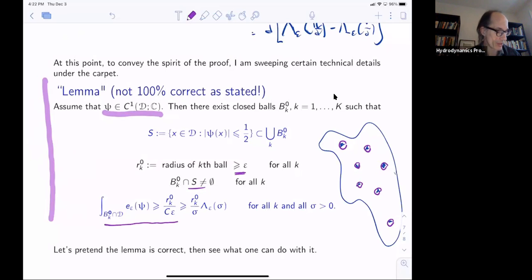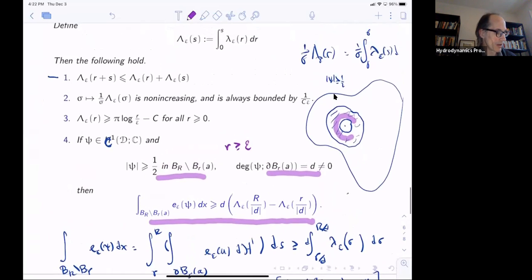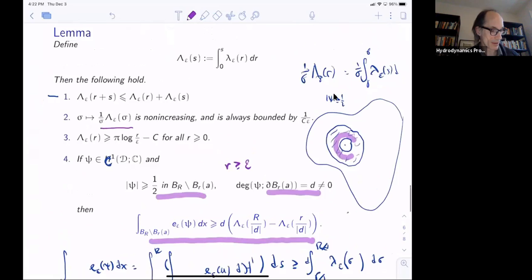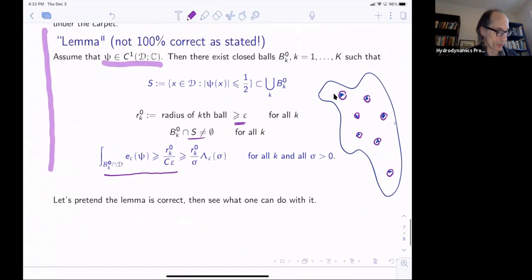And note that for any value of sigma, I think I said this before, oh, I forgot to say this, but this quantity, 1 over sigma times lambda epsilon of sigma, is always at most 1 over a constant times epsilon, indicated in the picture. Okay, and so then this number r naught over c epsilon is always bigger than r naught over sigma times lambda epsilon of sigma for any sigma.